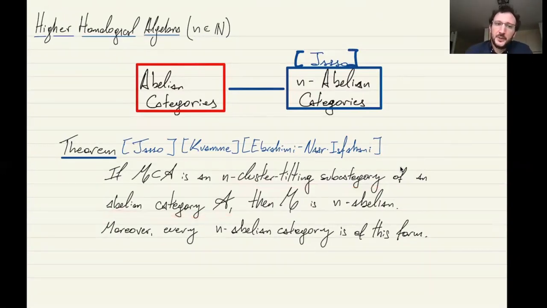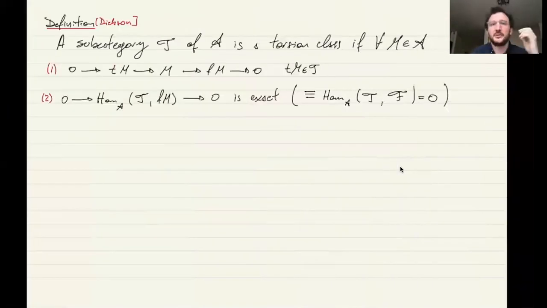And if one wants to do homological algebra in general, one would like to have torsion classes. The definition of torsion class, this is not the most traditional definition, but let me explain a bit.